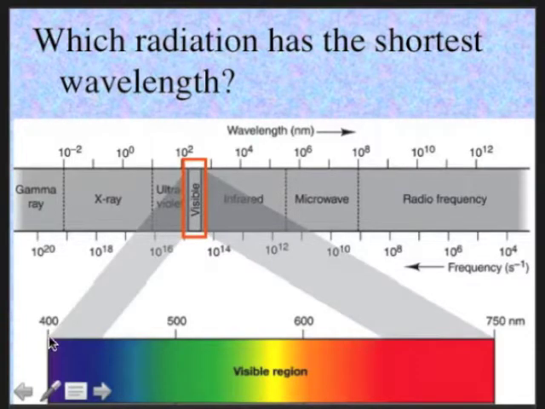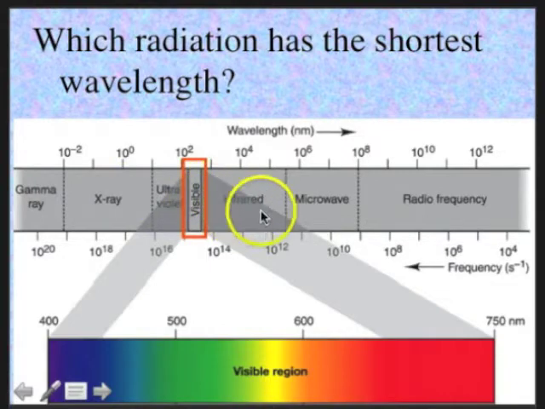Now, if we go to smaller wavelengths than 400 nanometers, we get into the ultraviolet region, and of course we can't see ultraviolet light. And if we keep going to smaller wavelengths, or higher frequencies, we get to the X-ray region, and even smaller, we get to gamma rays, which are part of the electromagnetic spectrum.